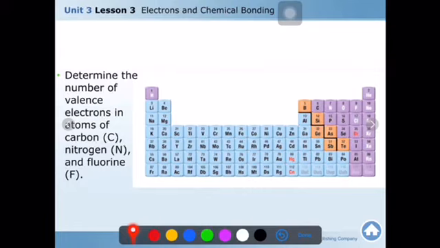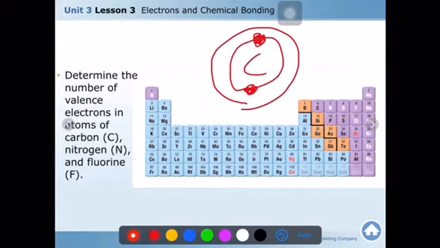Carbon here has a total of 6 electrons, right? 6 protons means it has 6 electrons in the neutral form. Now, the carbon atom has energy levels. In the first energy level, it has 2 electrons. In the second energy level, there should be 4 electrons because 2 are already in the first energy level.